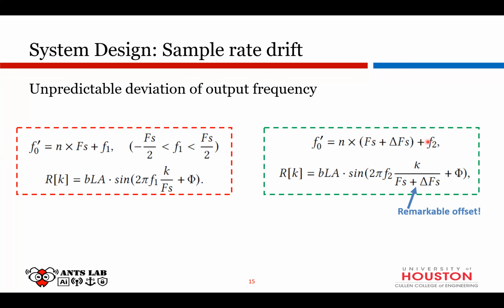And on the right, if we slightly change the sampling frequency fs to fs plus some delta fs, it significantly changes the frequency at the readings from f1 to f2, because f0 is much smaller than fs or fs plus delta fs, so it will show a remarkable offset.